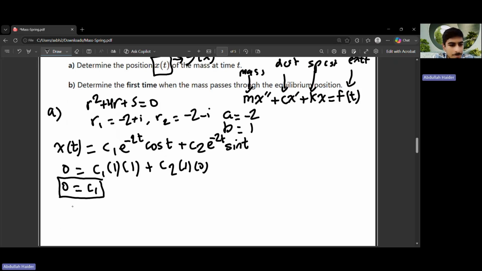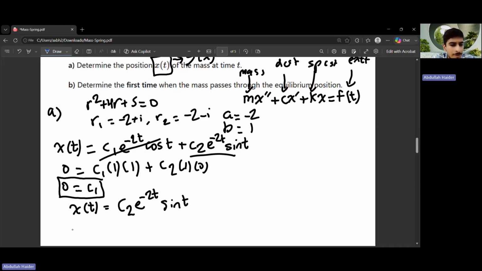Since we have to find the x prime first, it's better to get rid of this part, since C1 equals 0, you can just get rid of it. So what you have left is C2 e power minus 2t sine t.